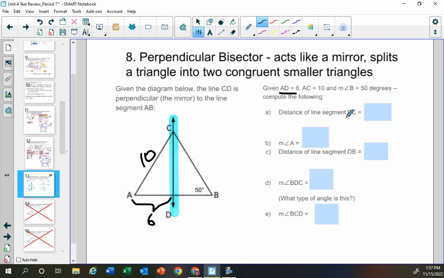Well, first off, let's talk about segment BC. This is AC. What do we know about AC and BC? They're congruent. Remember, AC and BC are congruent. So AC was how long? So then BC must be. So AC, BC are congruent. That means BC is going to be 10. You got to be able to match your sides.